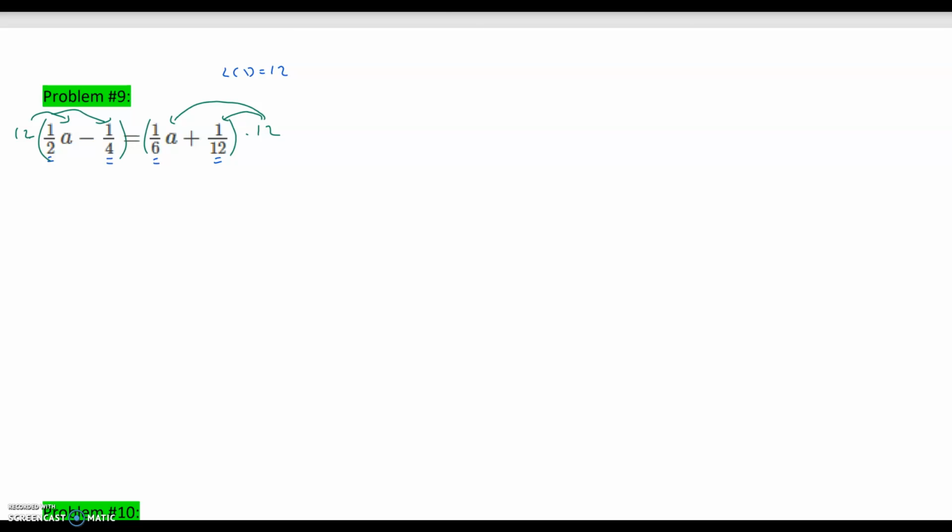What happens here is if we found the LCD correctly, our fractions are going to cancel in the next step. So let me actually rewrite the original problem and then the 12 so you can see the cancellation. Here we have 1/2 of a minus 1/4, equal to 1/6 of a plus 1/12.